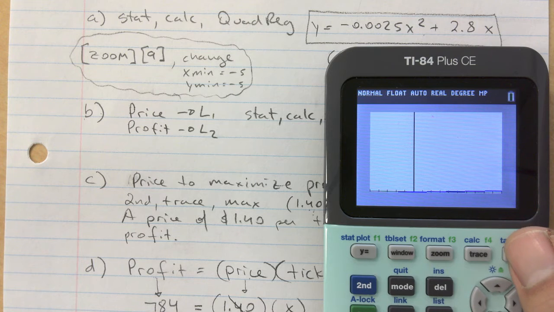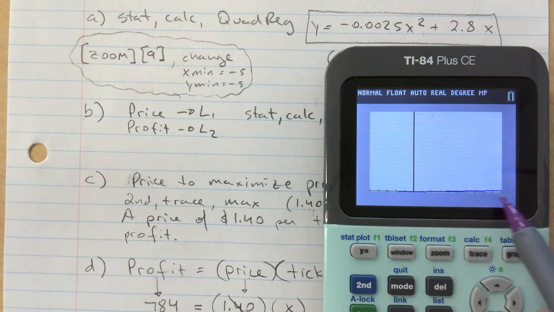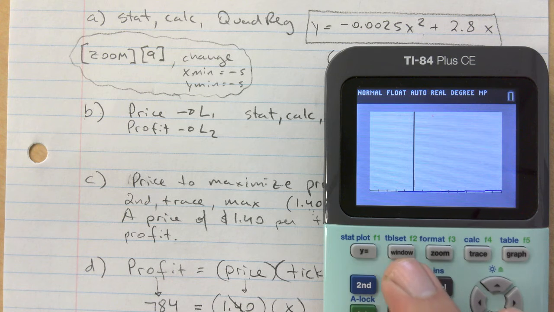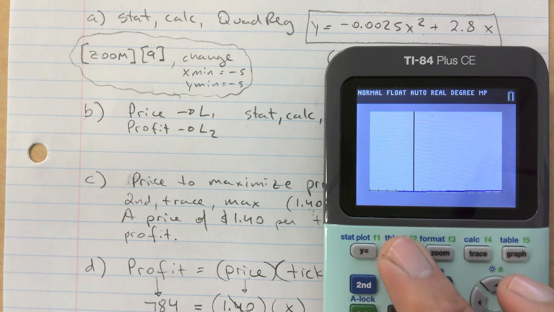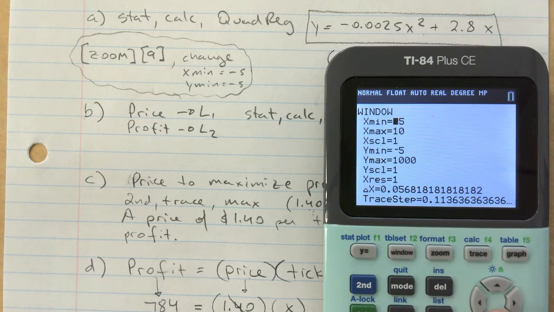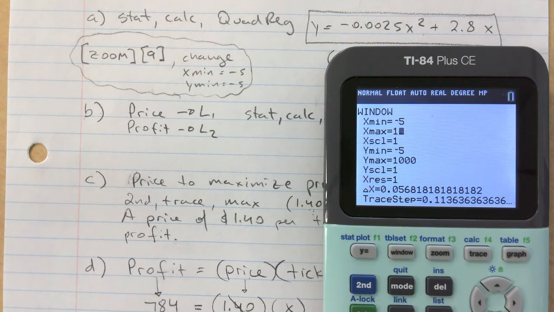Oh, it's there. Wait a minute. Did I type in the right? Okay. So it's way down here. Okay, so let's try to see if we can find the graph here. So I'm going to increase my X max significantly. I'm going to go 1,000 and hit graph again.